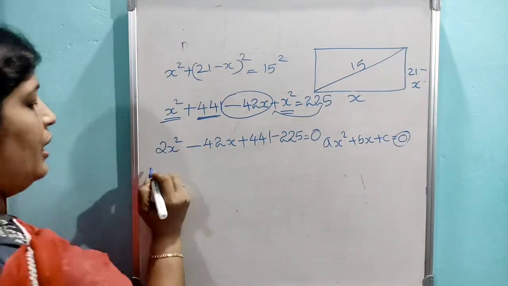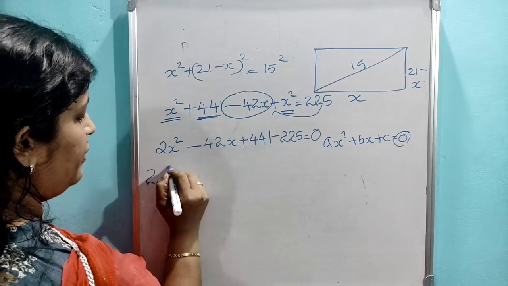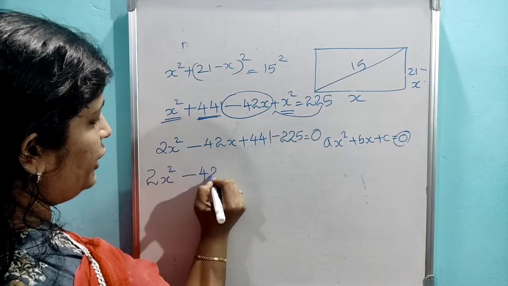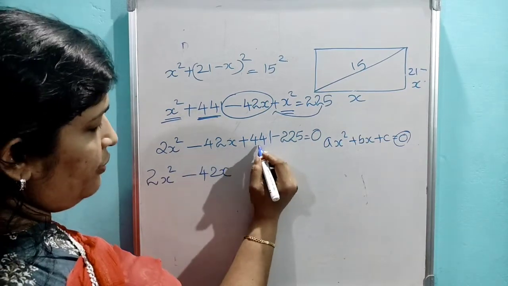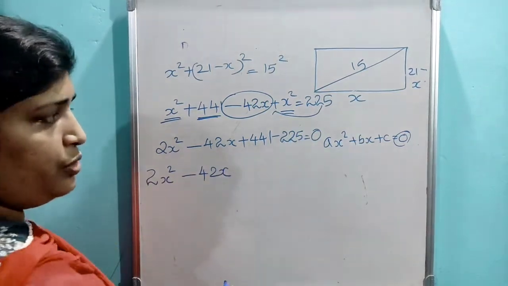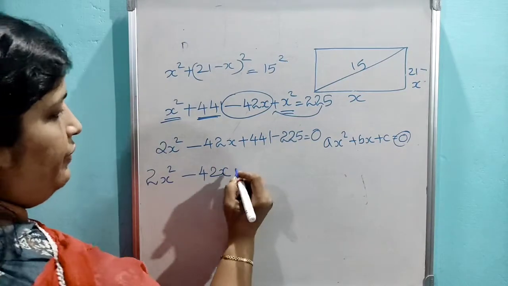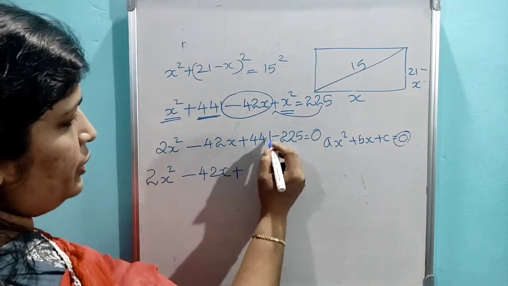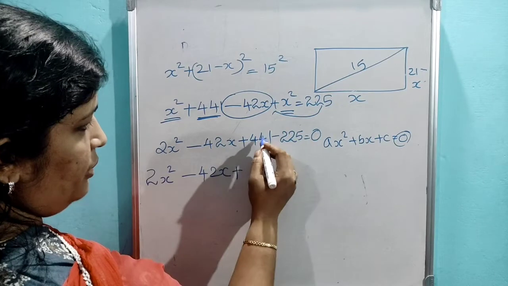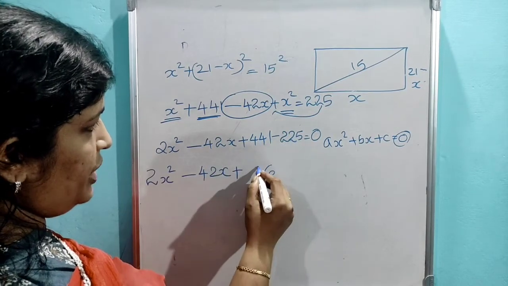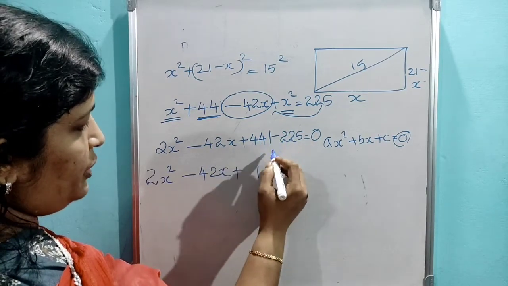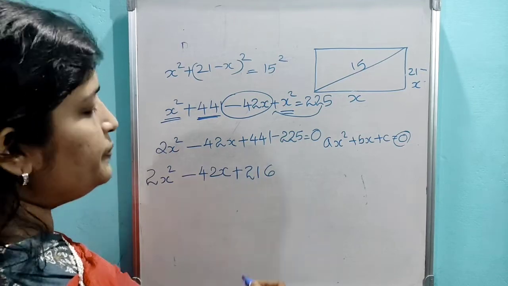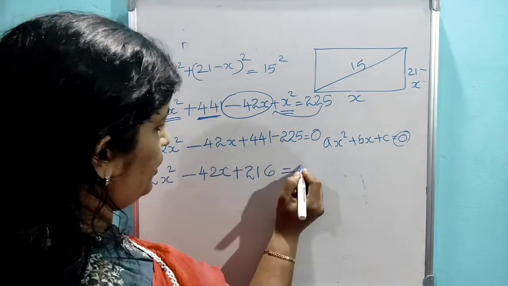So we have 2x square minus 42x, then 441 minus 225, which is equal to 216.